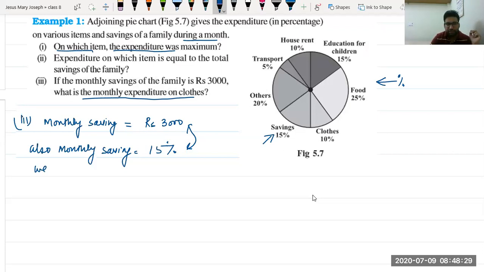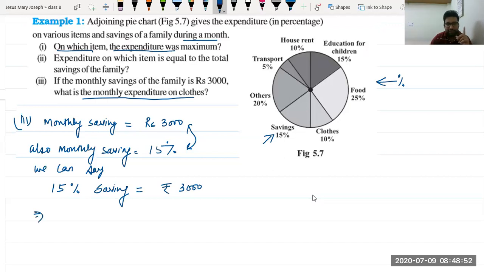So we have got a relation. We can say that 15% saving is equal to rupees 3000. This will help me find 1% by the unitary method. We can find how many rupees are spent in 1%.